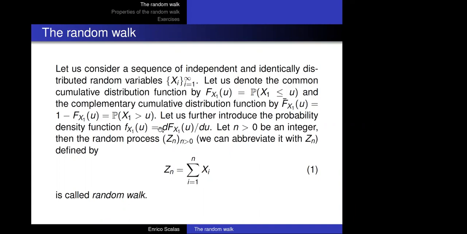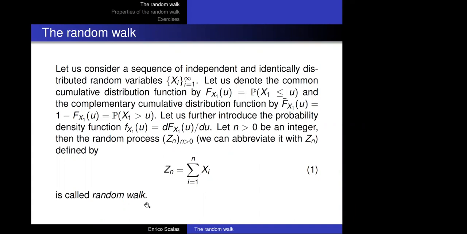And now let's take a positive integer n larger than 0, so it can be 1, 2, 3, whatever, and then consider this random process defined by the sum from 1 to n of the Xi's. This object here, Zn, we call random walk.